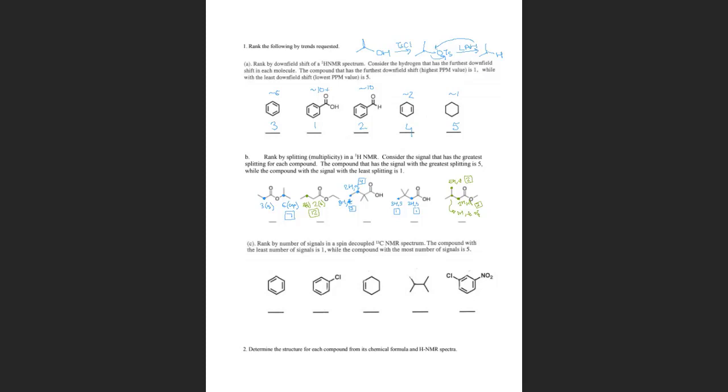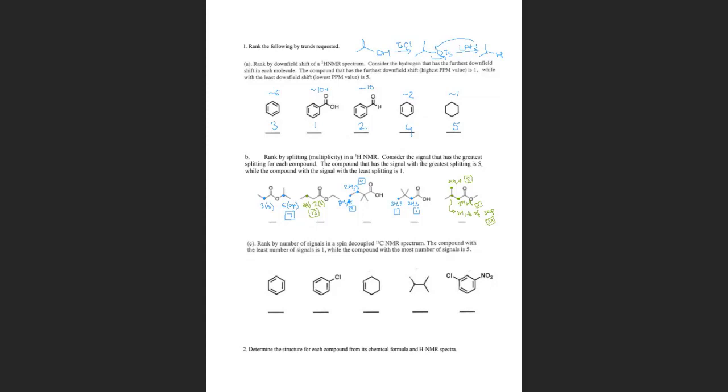Yes. Because there are 2 symmetrical methyl groups, or identical methyl groups, with 3, we count it as 6. So that is a triplet of septet. So that one is going to have 21 peaks.